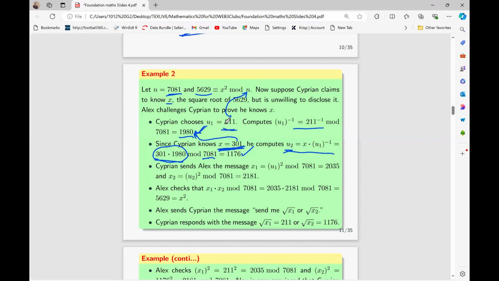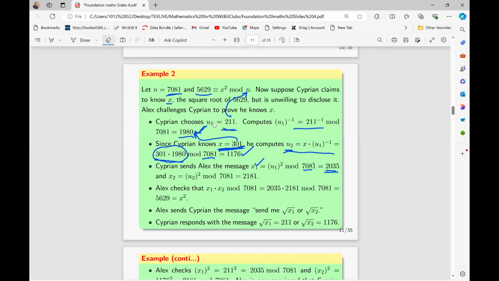When you square u1, you get, call it x1, whatever you get, and you're doing it mod 7081. Let's just do a few calculations, to show how the intruder would have difficulty.